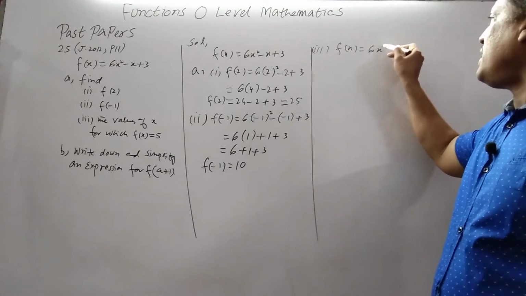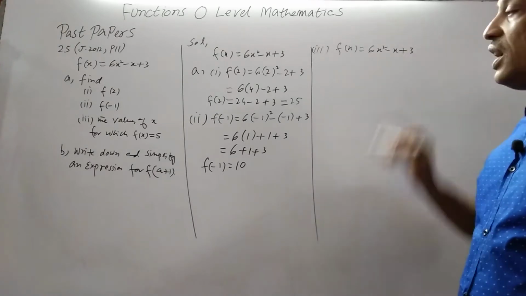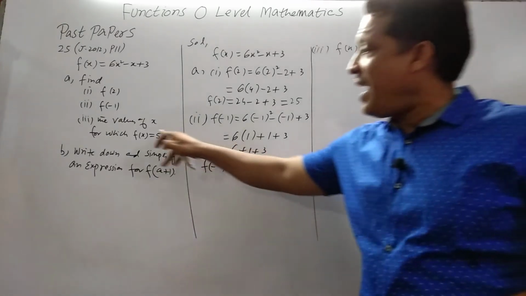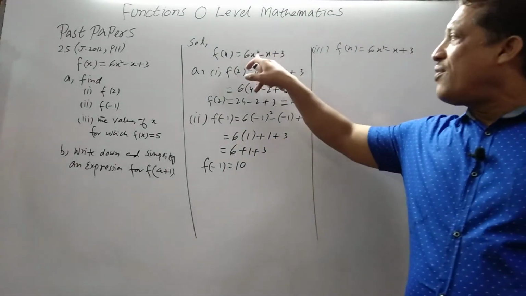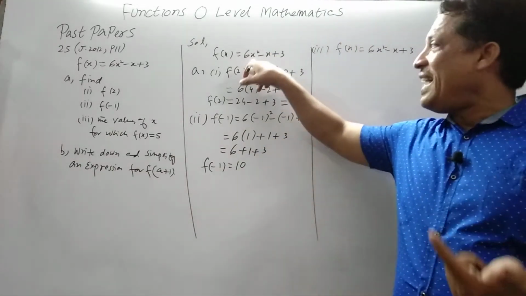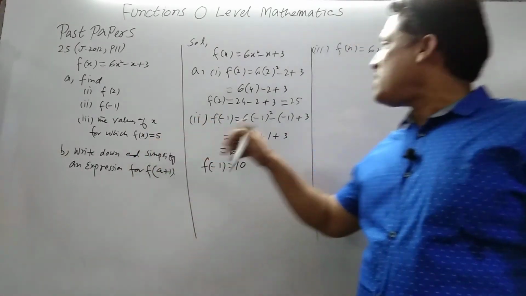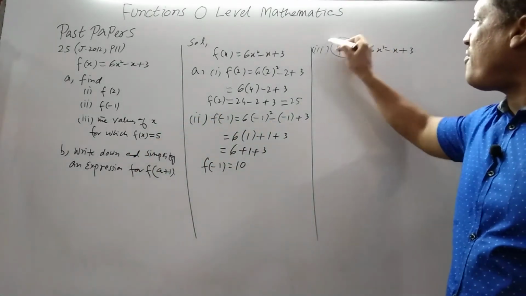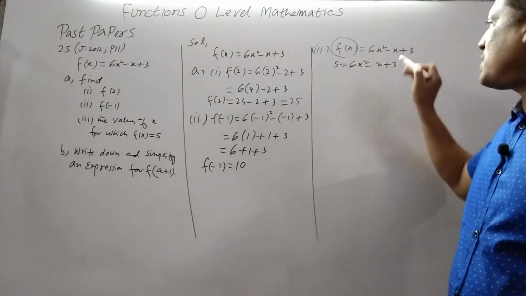We know what f(x) is in the question: 6x squared minus x plus 3. Now replace f(x) by 5. Sometimes students put 5 where they see x in the question. No students, f(x) equals 5 means we have to replace this f(x) by 5.